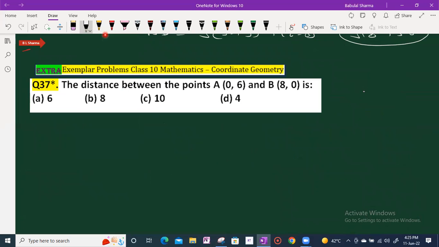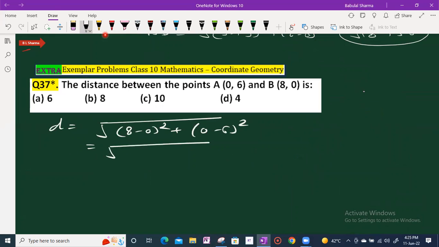The distance between the points A 0,6 and B 8,0 is again using the distance formula, that is 8 minus 0 whole square plus 0 minus 6 whole square, that 8 is just 64, minus 6 whole square is 36, 64 plus 36, that is 100.